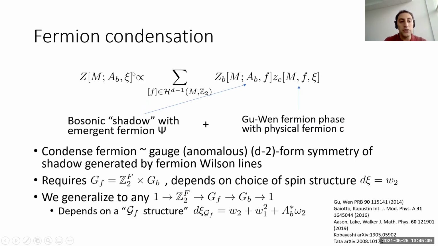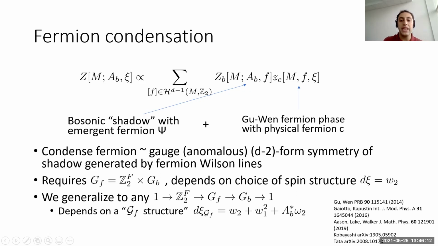So this procedure looks schematically like the following. The path integral of the total theory is going to depend on a manifold, a gauge field for the bosonic part of the symmetry group, and a spin structure, or generalized spin structure in our case.